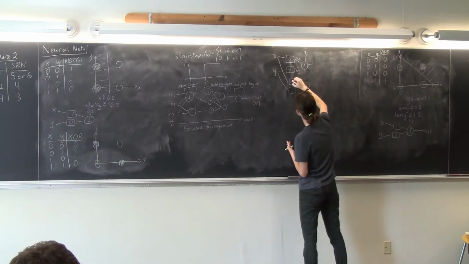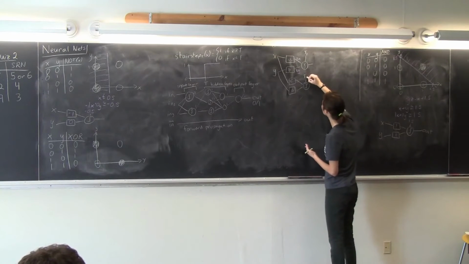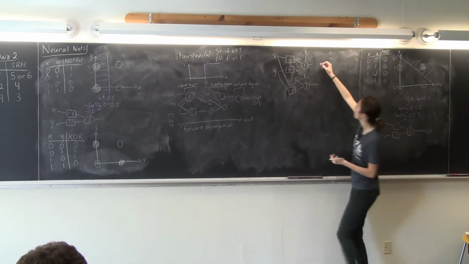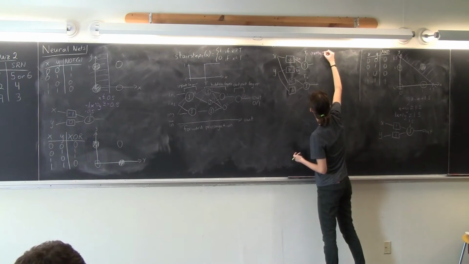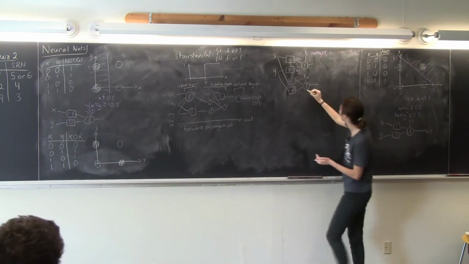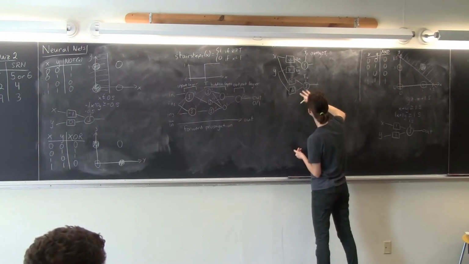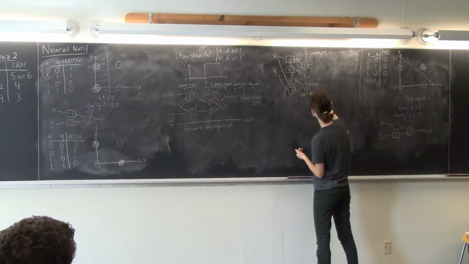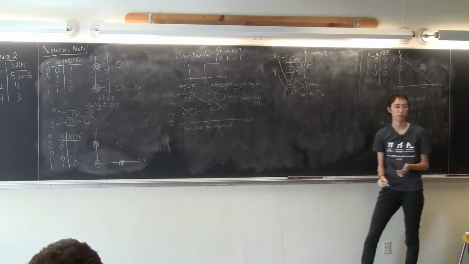This time we'll give it weights C and D and a threshold T2. So now we can say that this one is computing the equation ax plus by is greater than or equal to T1, and the lower neuron is computing cx plus dy is greater than or equal to some threshold T2.